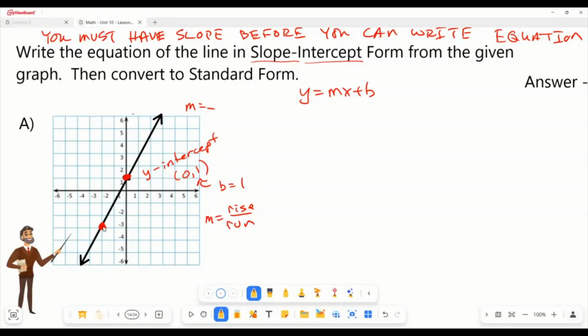You start at the leftmost point. You start by going up or down. Rise means go up or down. So to get to this point, we would go up 1, 2, 3, 4. The rise is positive 4. The run, 1, 2, positive 2. 4 over 2 is 2. There is my slope. This is M.